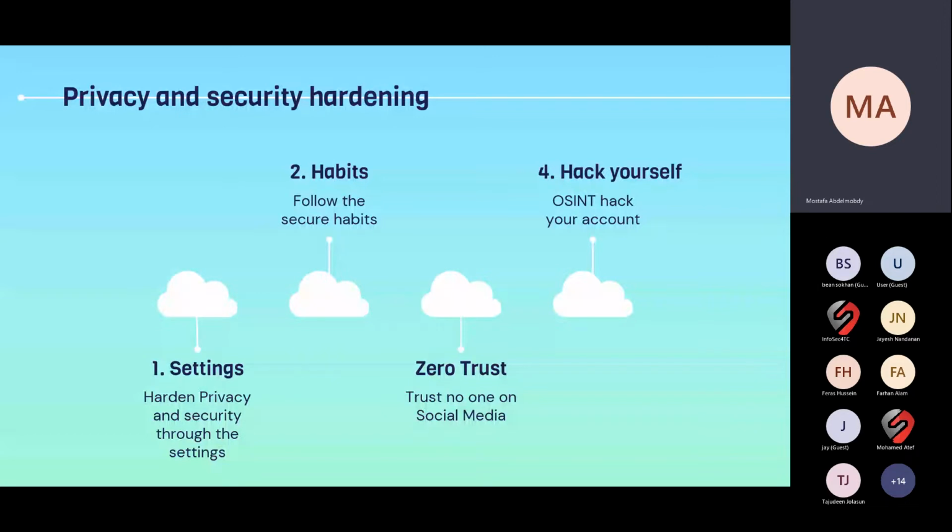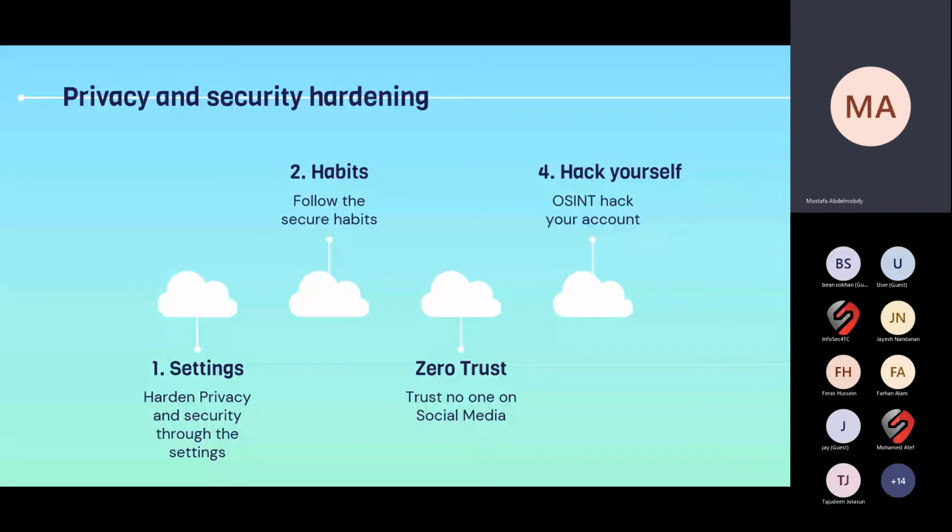Check one by one like a hacker. Think like a hacker about how that setting could help a possible hacker reveal information about you. Because setting everything as private is not enough, all right? You have to think about how each setting can help the hacker reveal information about you.